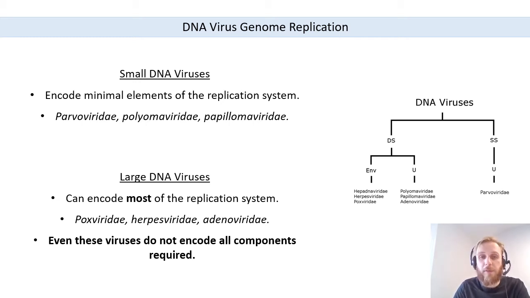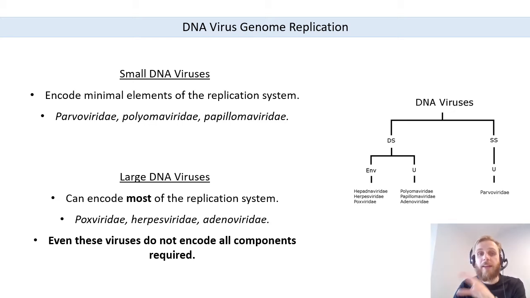We can label these two groups of DNA viruses as the small DNA viruses and the large DNA viruses. The small DNA viruses encode minimal elements of the replication system. So these small DNA viruses are heavily reliant upon host machinery to replicate their genome. The large DNA viruses, on the other hand, actually encode most of the replication system themselves.